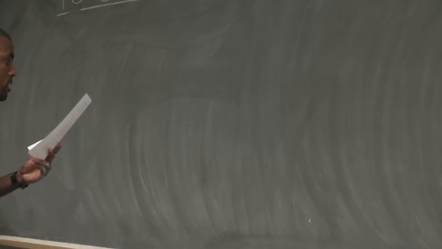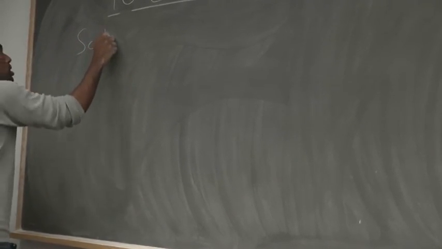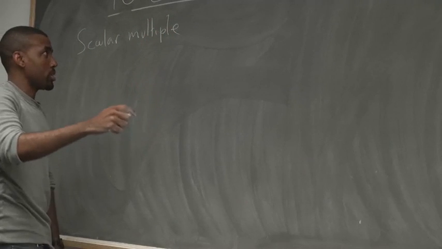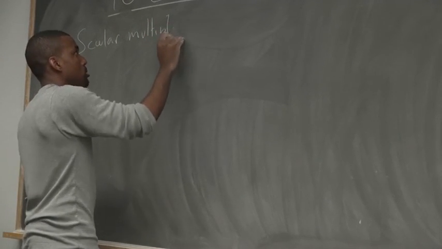It's just tedious to write down, but hopefully it's not too difficult to understand. I want to get to the exciting parts really quickly, so let's just get through scalar multiplication.